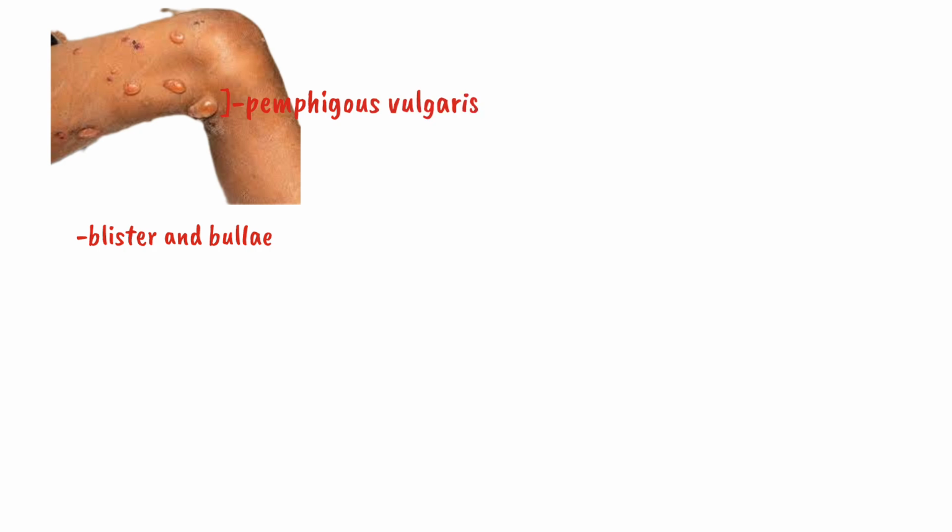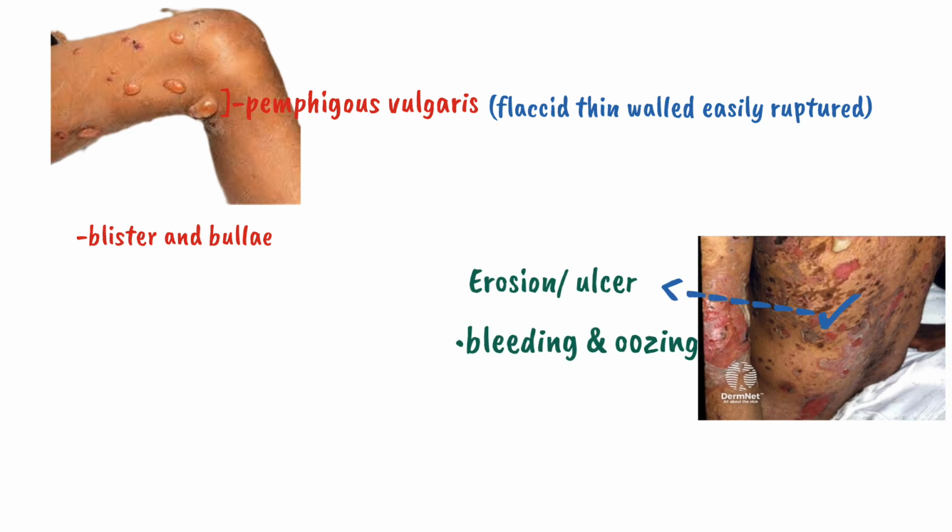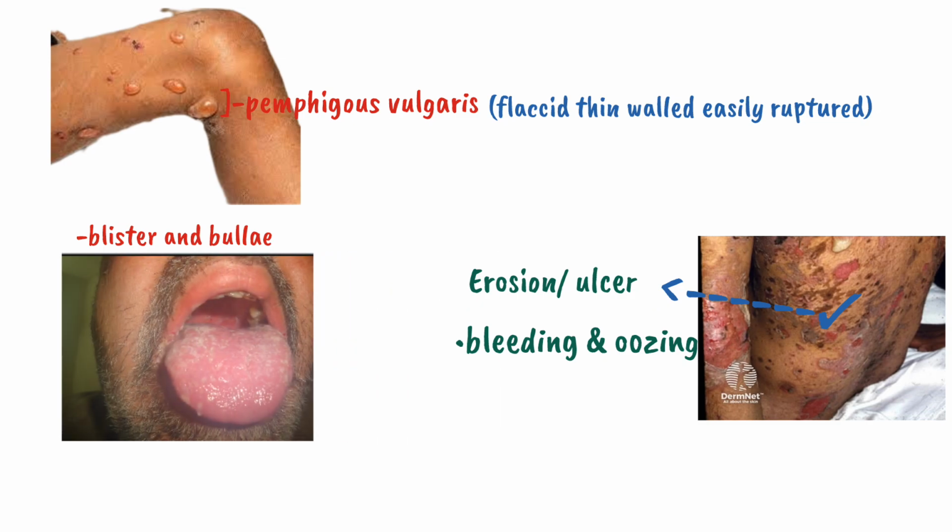The bullae of Pemphigus vulgaris are thin-walled and can easily rupture, and upon rupture they can produce erosion and ulcer, and along with that there will be bleeding or oozing of blood from the blister site. These bullae, blisters, erosions and ulcers can involve any part of our body, but the most common site is the trunk, which can spread to the limbs, but it can also involve the mucous membrane of the mouth.